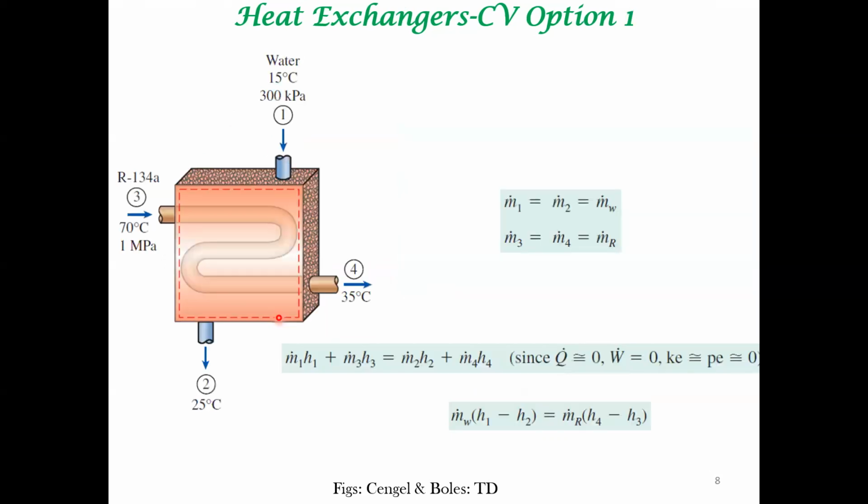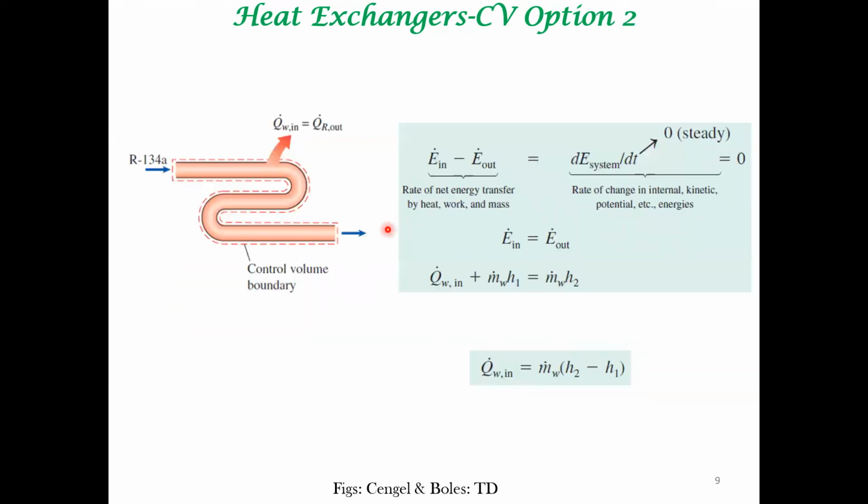Here, this is operating at steady state, right? So the mass flow rate of the inlet water and the outlet water is the same, that is indicated by this quantity, m dot w.